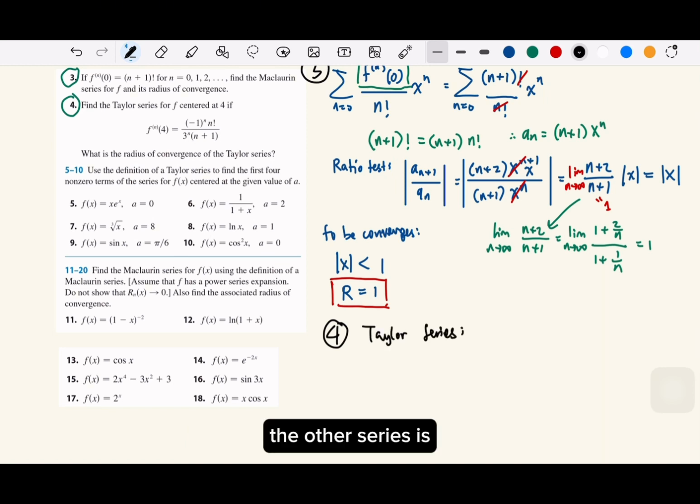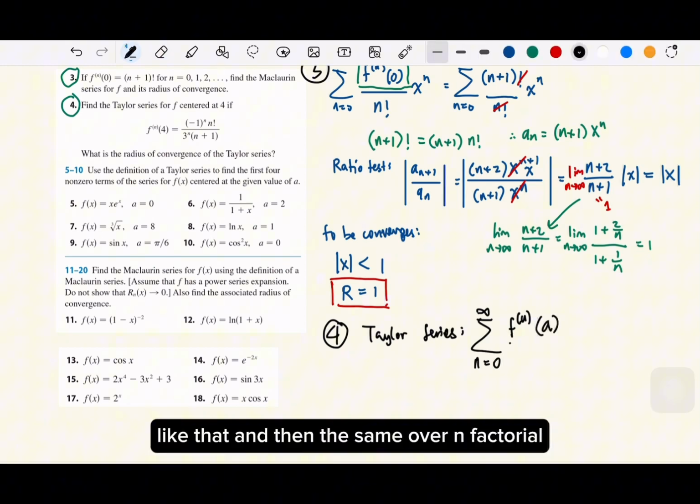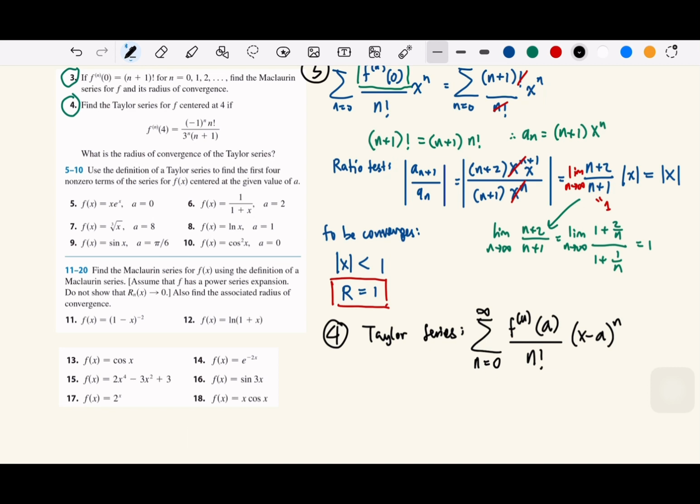The Taylor series is the sum of f^(n)(a) over n factorial, times (x minus a)^n. That's the original Taylor series.